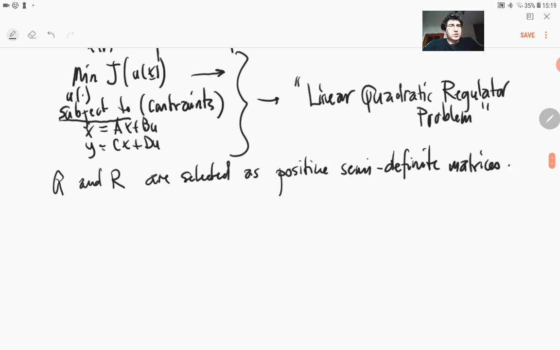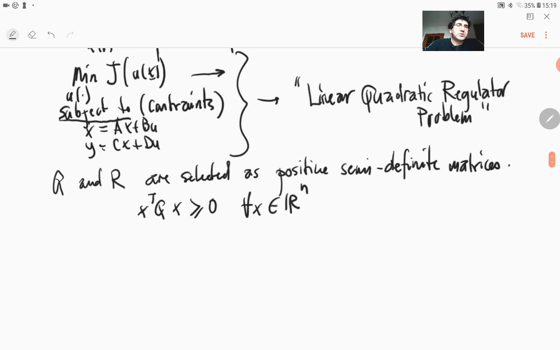Okay, so by definition, a positive semi-definite matrix corresponds to a scalar that is larger than or equal to 0. In order to determine when a matrix is positive semi-definite, you need to make sure that x transpose Qx is larger than or equal to 0 for all x that is in Rn.